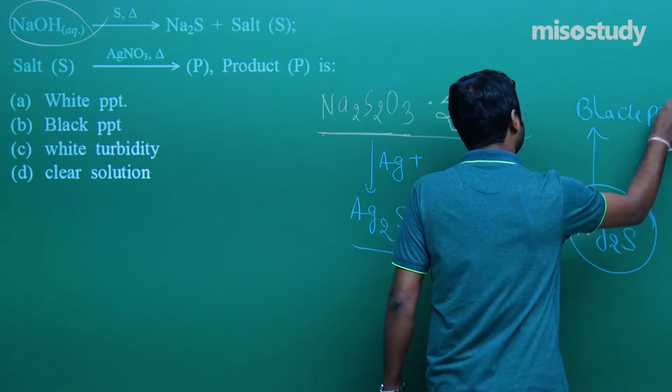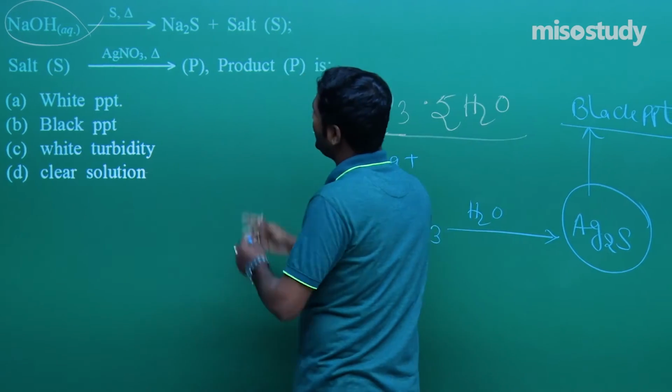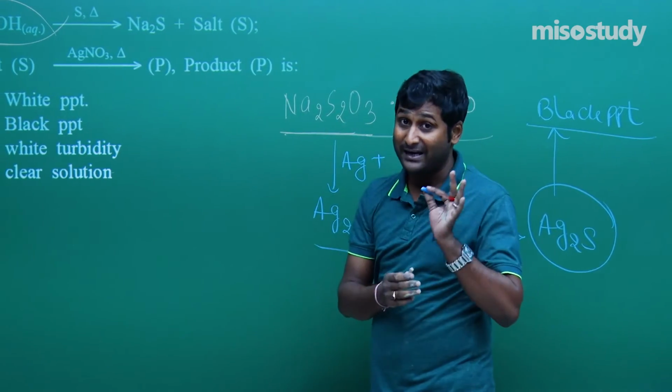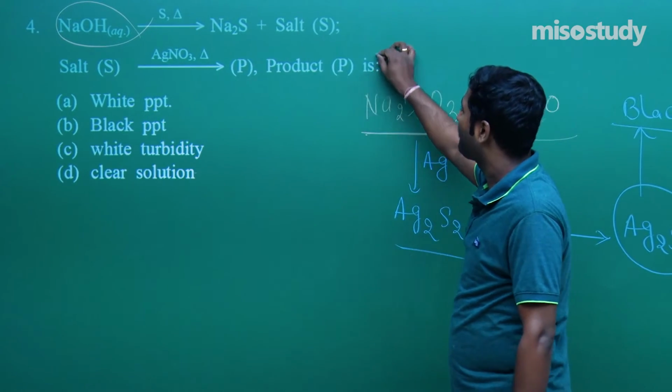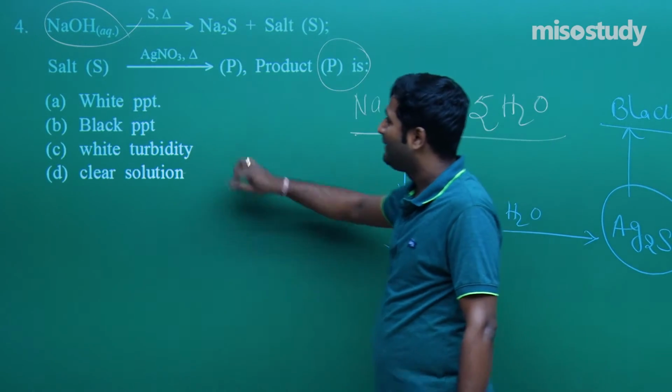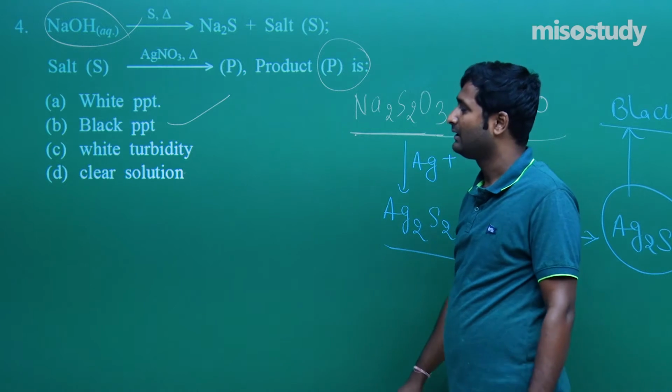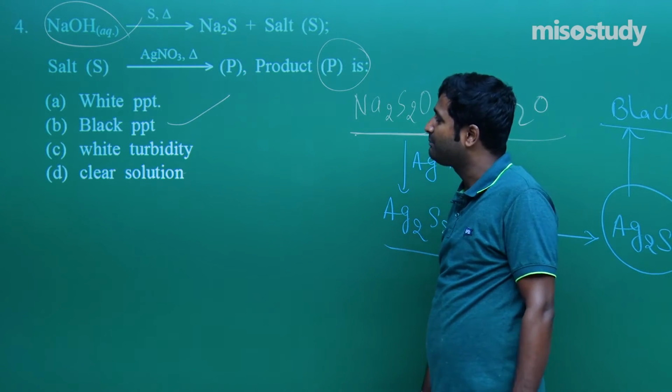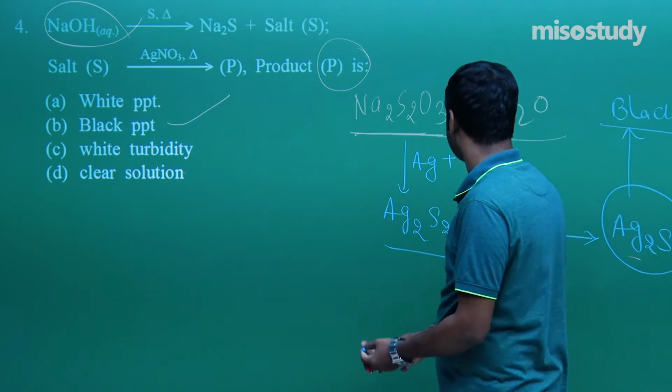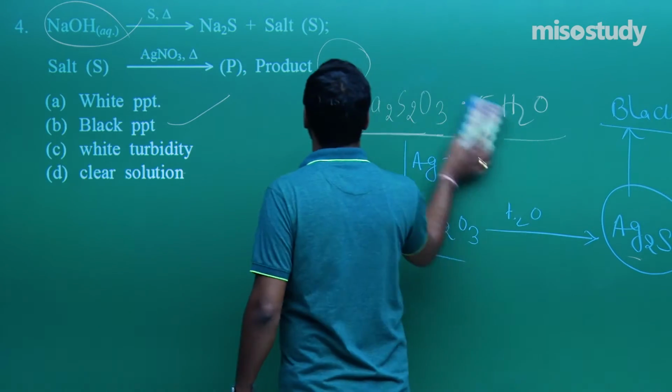What I'm telling is that it is the black precipitate. So the final result in this case, the product P, is black. Clear, friend? The product P is black due to the formation of Ag2S.